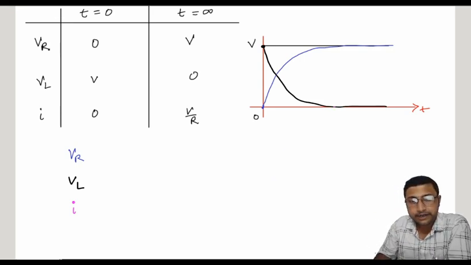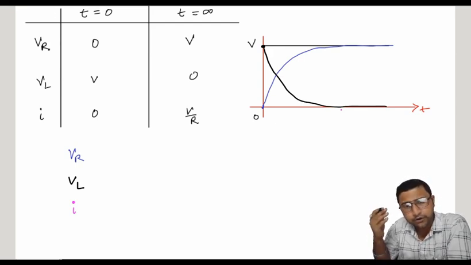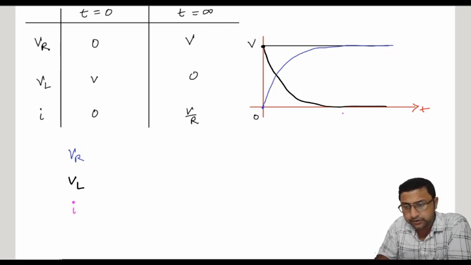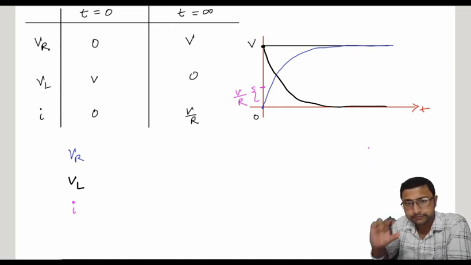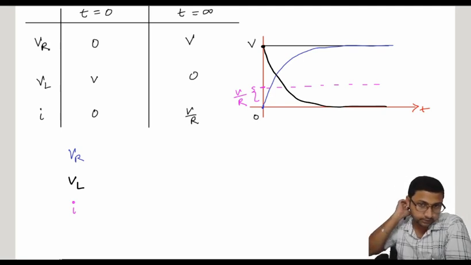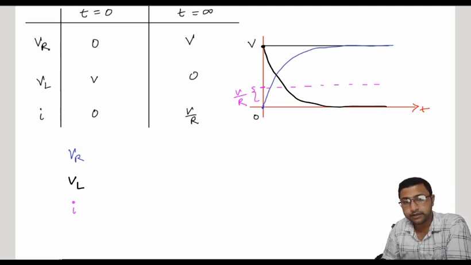Look, this magnitude is the supply voltage V. If we divide V by R, the magnitude will fall down. So if this portion is V, then V by R will be, suppose I am drawing, up to this magnitude. If we draw a dotted line in this manner, that means the current I starts from the 0 value at t equal to 0, and it reaches V by R at t equal to infinity.